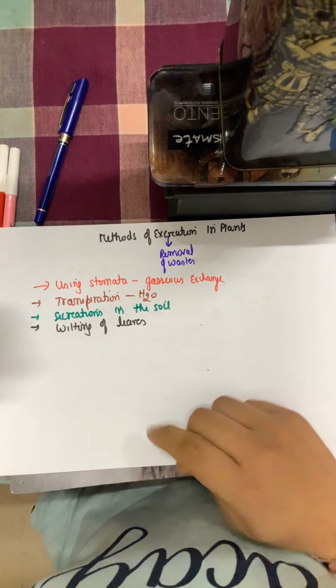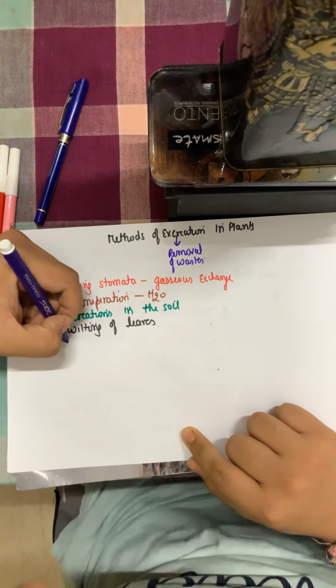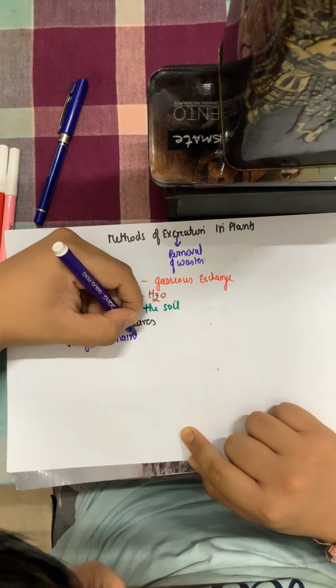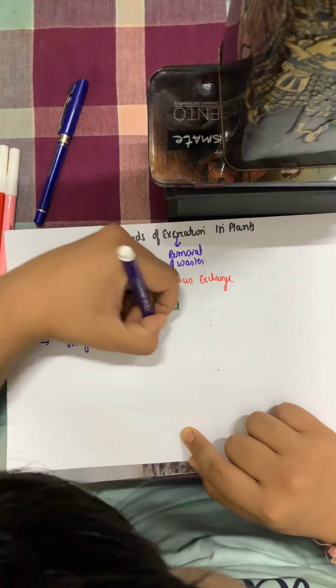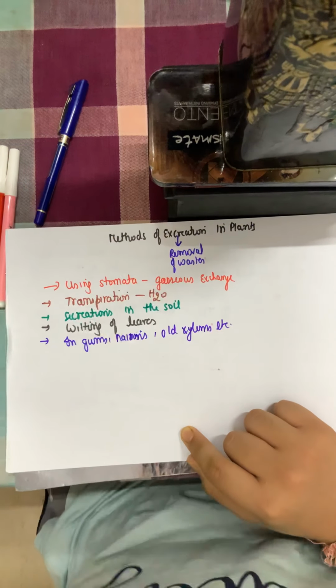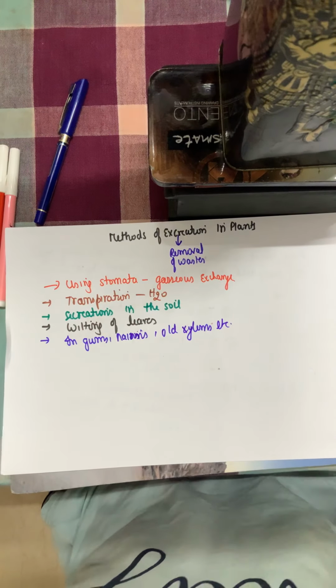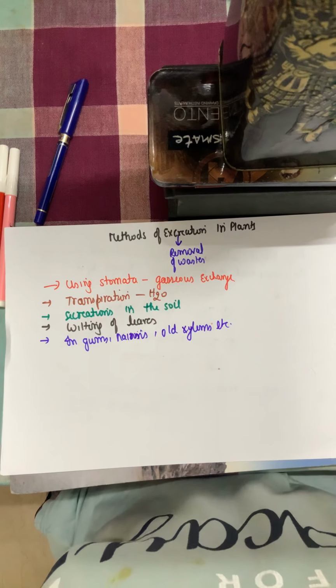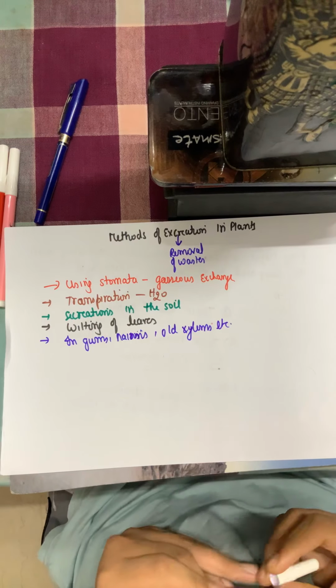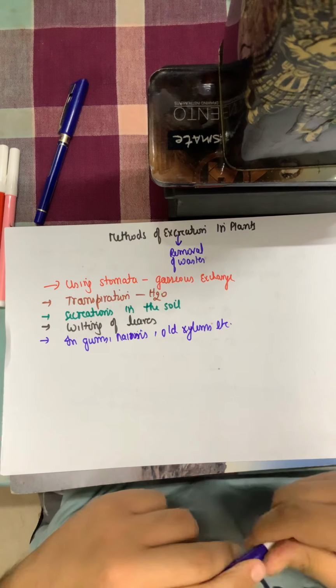Next, in gums, raisins, old xylems, etc. Plants also store some of their excretory products or unwanted products in the form of gums, raisins, and even in some of their tissues like xylems.